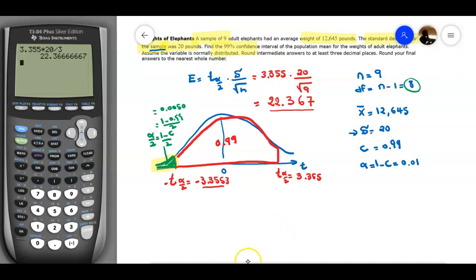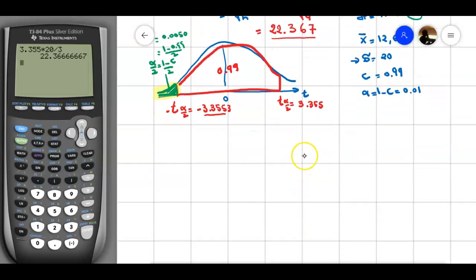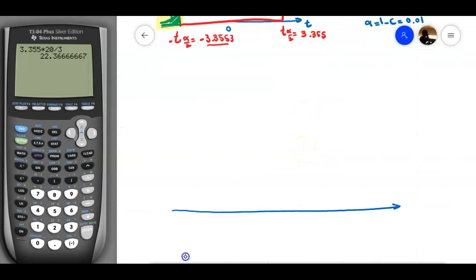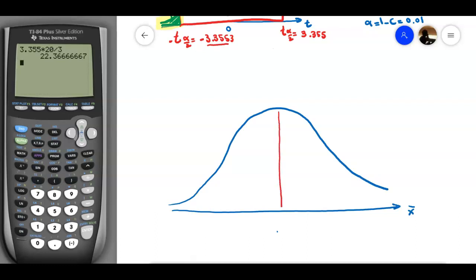All right, so now what I'm going to do with this, let me try to do another graph and explain it once I found the error. This is my X bar, and we have a normal distribution. We know the middle here, which is X bar, this is 12,645. And we are trying to find the two ends of the 99%.